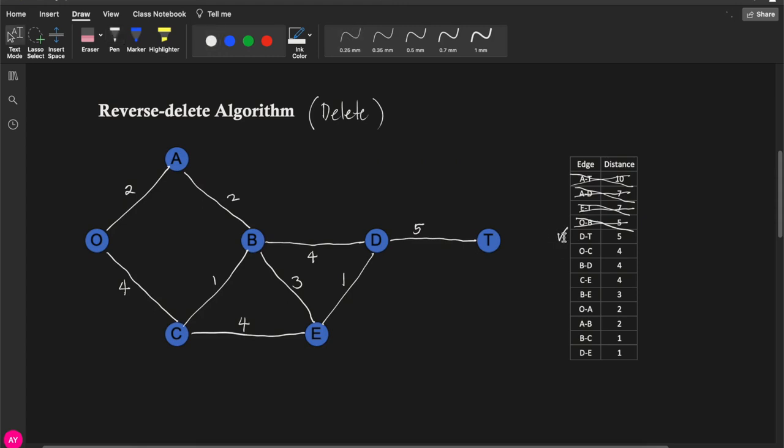Okay, that's one. Next, how about OC? OC, we can actually remove. BD, we can also remove. Okay? CE, we can also remove.